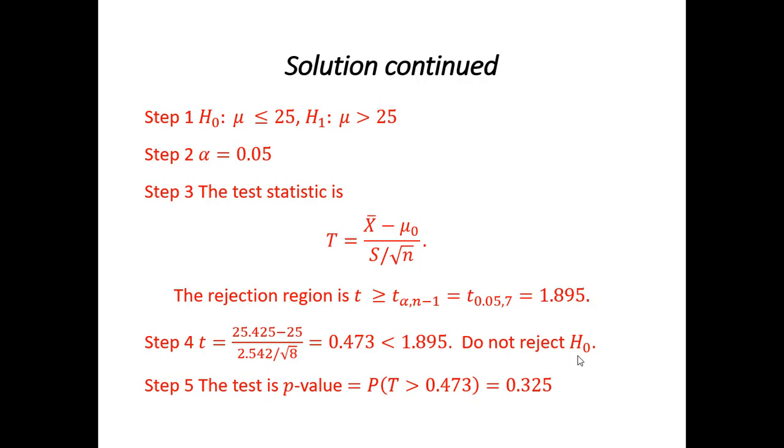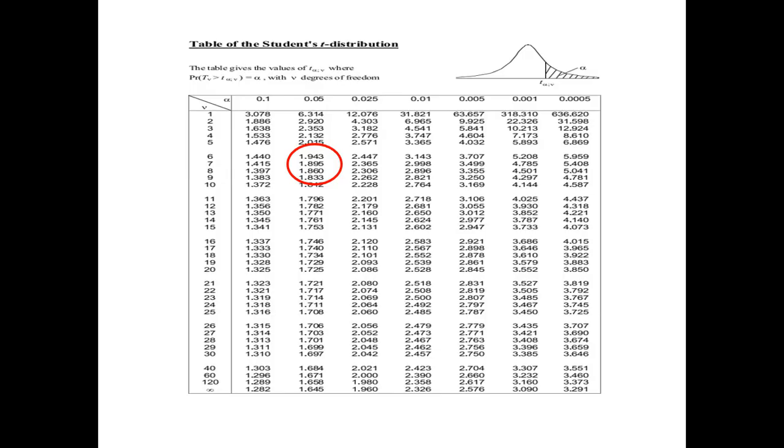Okay, so to find the p-value in this case, we need to find the probability t is greater than 0.473. For this value here, the only way to come up with it is using some technology. Sometimes we could come up with bounds for p-values and the t.